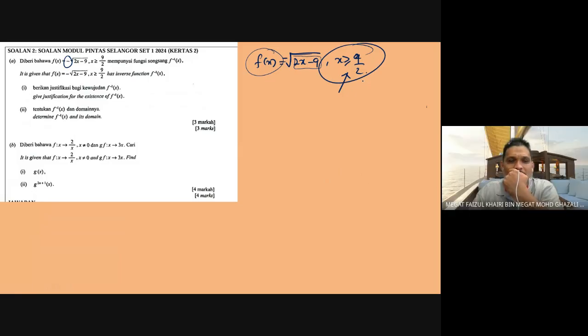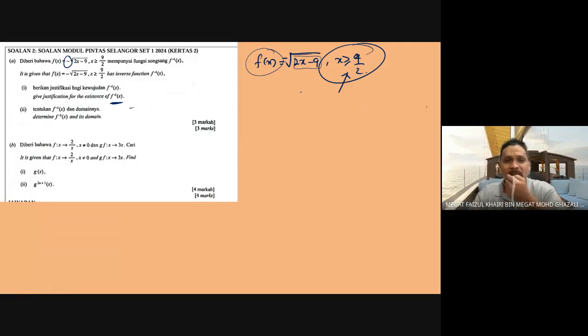Now give justification of the existence of F inverse. What is the condition for the existence of F inverse?